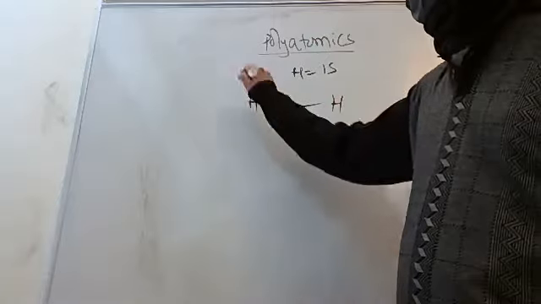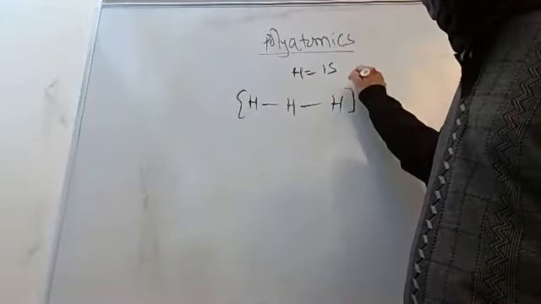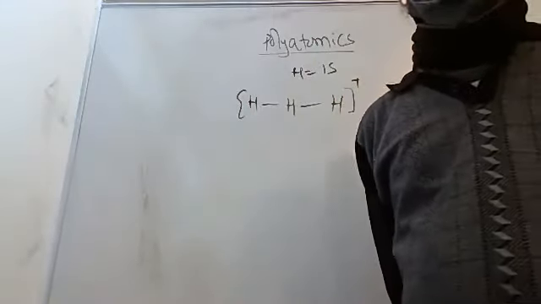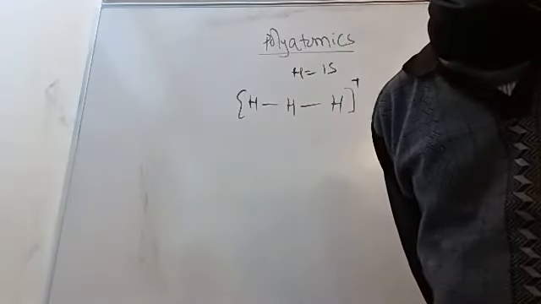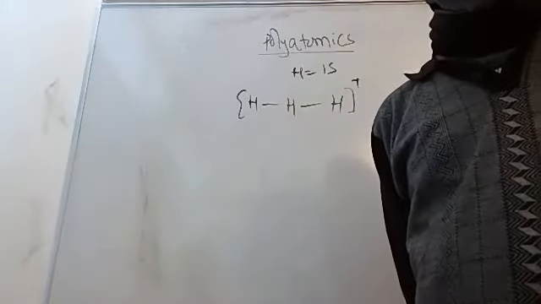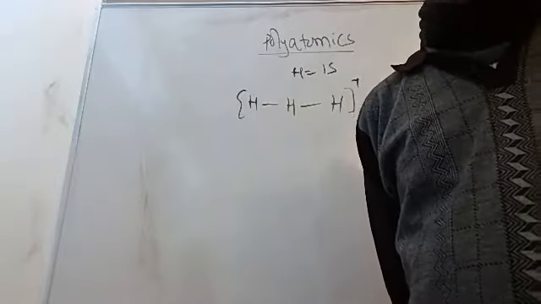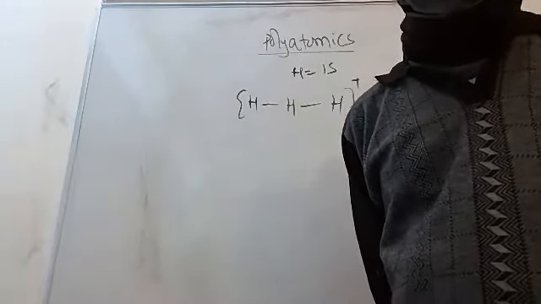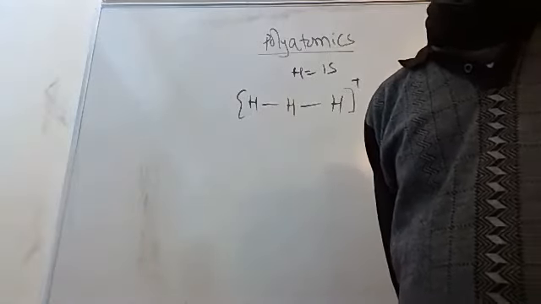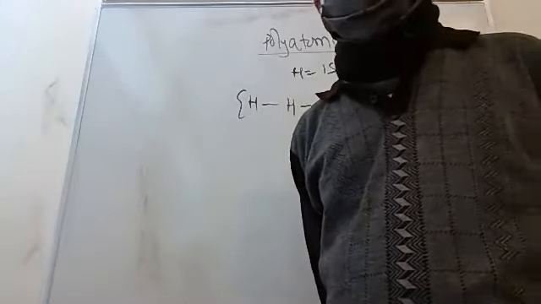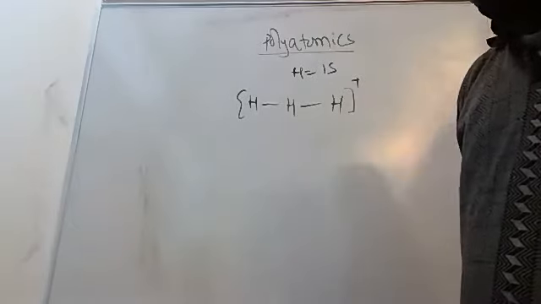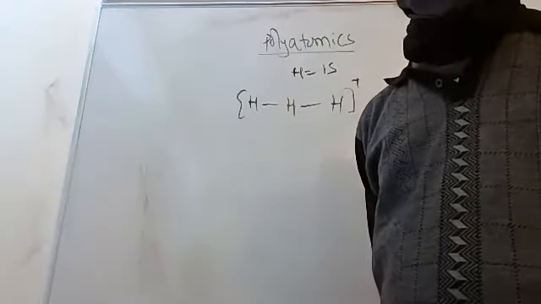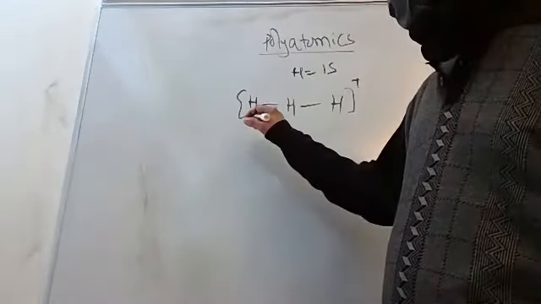The fact that it has a plus charge tells you how many electrons this species has in total. Two electrons. Where do we get two electrons? You're correct, from the hydrogens.